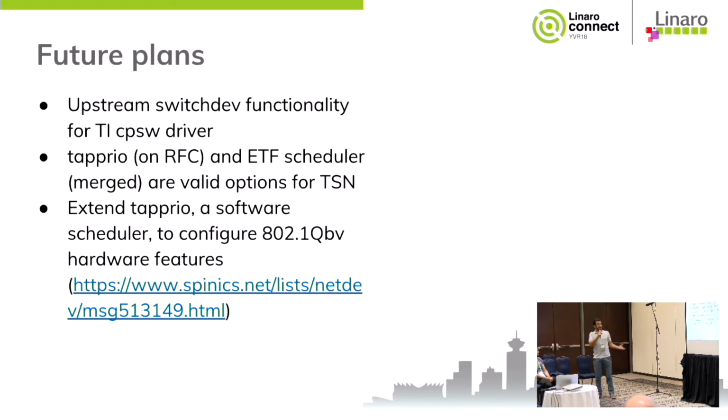So the next logical step is TAPRIO, proposed by Intel, which stands for time-aware priority scheduler. At the moment, TAPRIO is a software scheduler that implements the IEEE 802.1Qbv scheduler for TSN, and it's strictly a software implementation at the moment. But this is going to be extended to hardware, so you're going to be able to configure your hardware as well. The first thing we need to do is get involved and contribute on that as well.